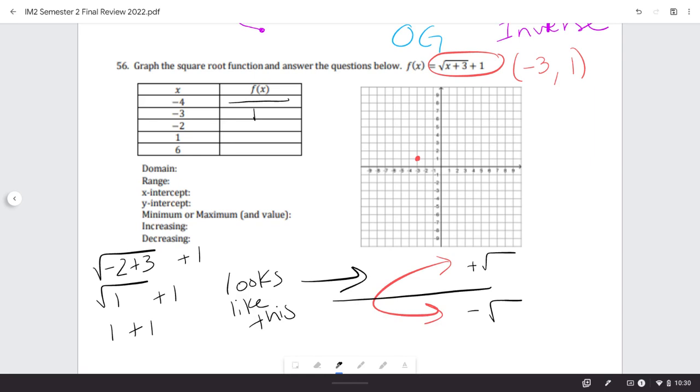And I get 1 plus 1, which is 2. And then I'm going to go ahead and plug in 1. So the square root of 4 is 2, and then that's 3. And then I'm going to change that to 6.